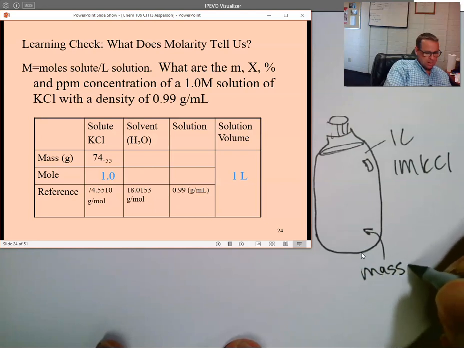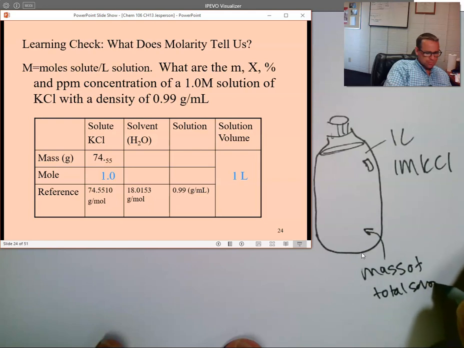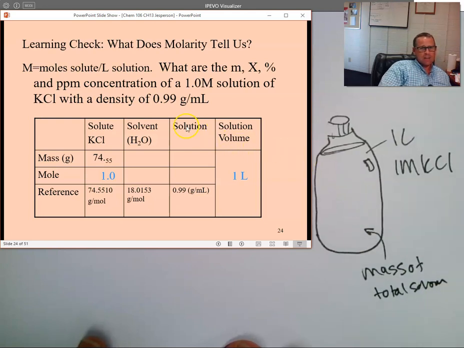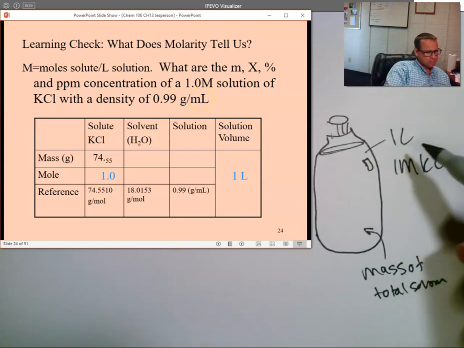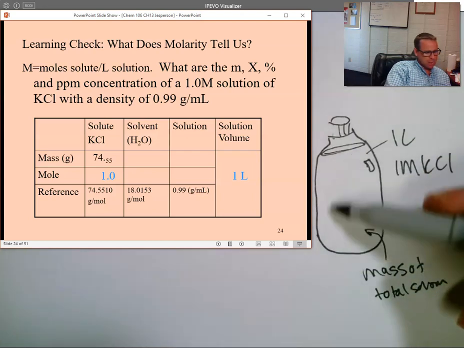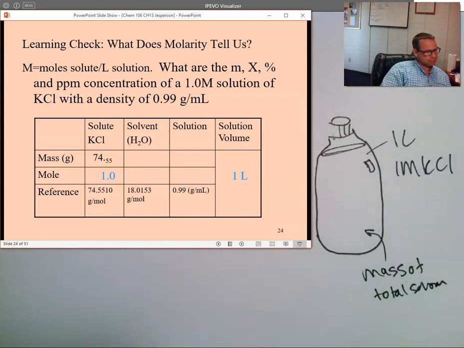I have the density here. It says 0.99 grams for every milliliter. And I know that I have 1 liter. Can that help us identify how much mass this whole solution is, Aisha? Yes. What do I have to do?